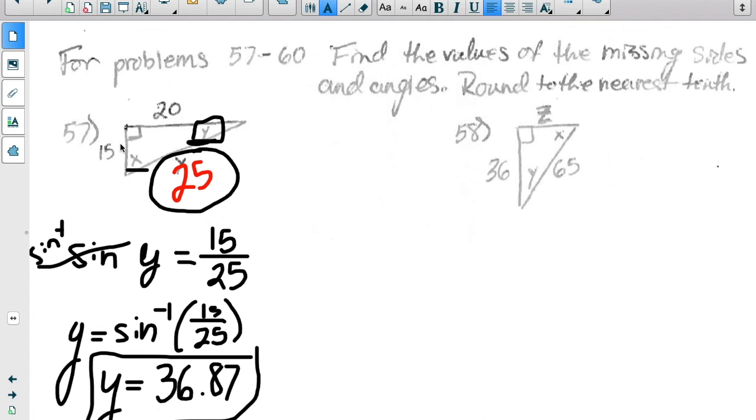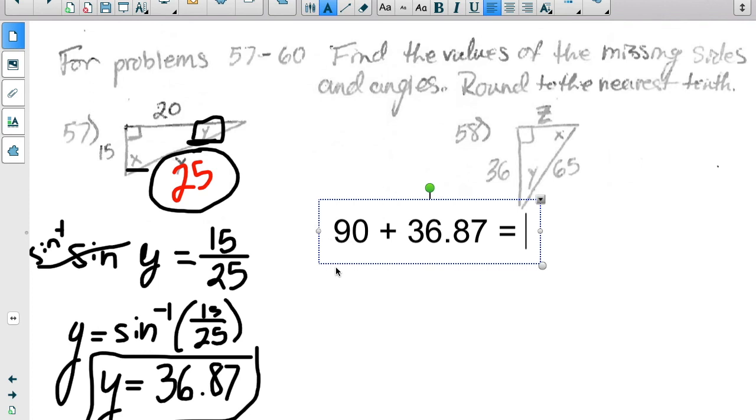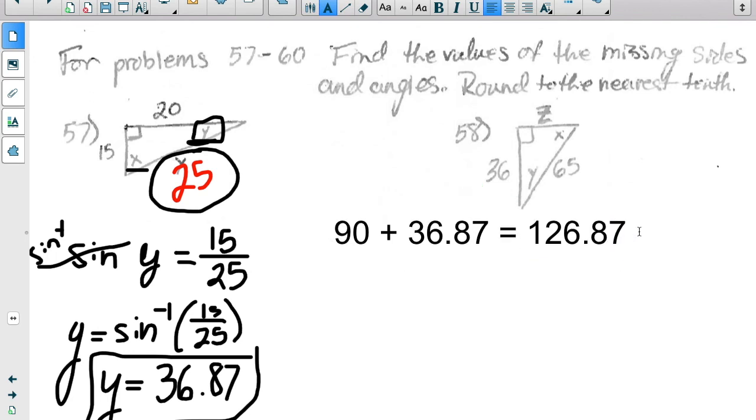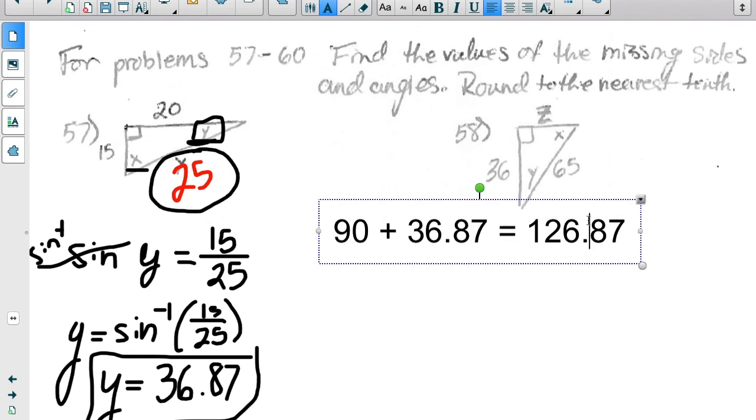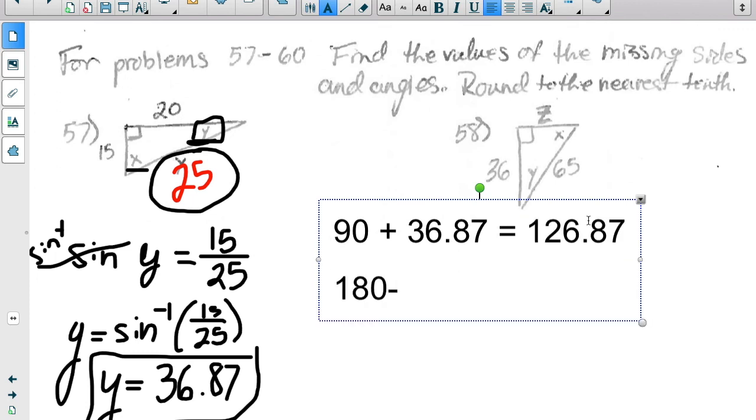Well, we know that all three angles in a triangle add up to be 180. So what I can do first is I can do 90 plus 36.87. We can add those two angles together, and we'll get 126.87. And now that we have what those two angles added together are, we can take that and subtract it from 180.